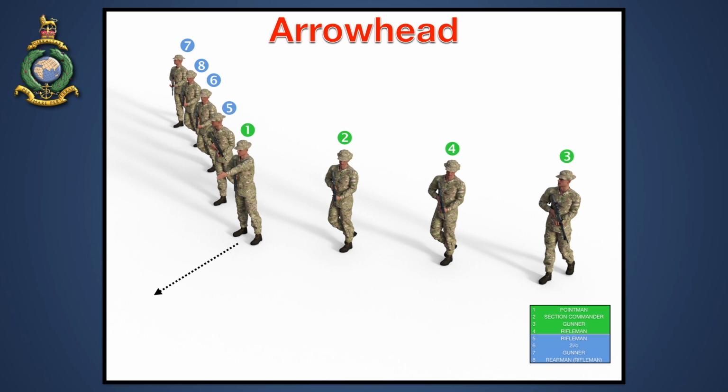So in this case, if as the section was moving forward, they were attacked from their left, that would be Charlie, the green side on here. The members of Charlie can turn to their left and respond to that attack. Delta would obviously have to move round, and if you were attacked in this formation from the right, Delta could initially turn to their right, respond immediately, and then Charlie would have to move to join them.